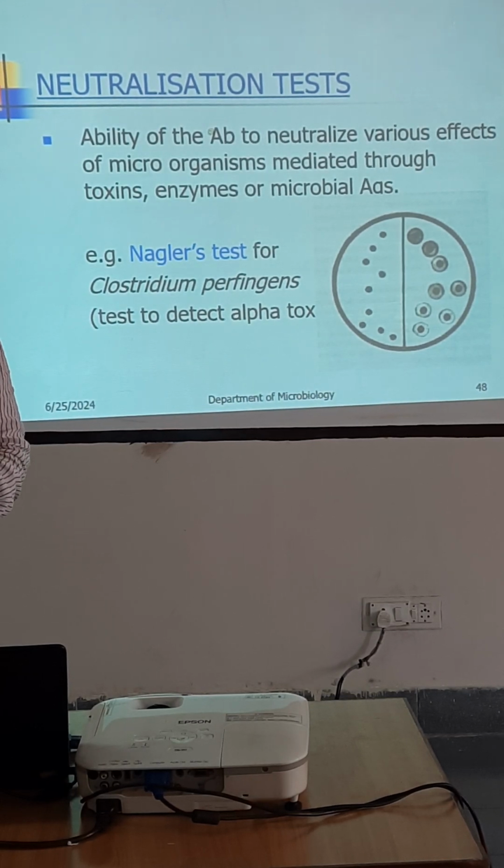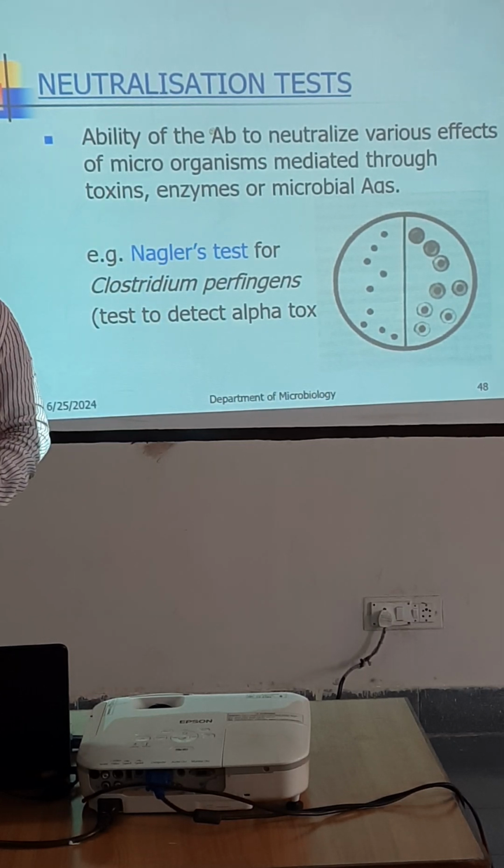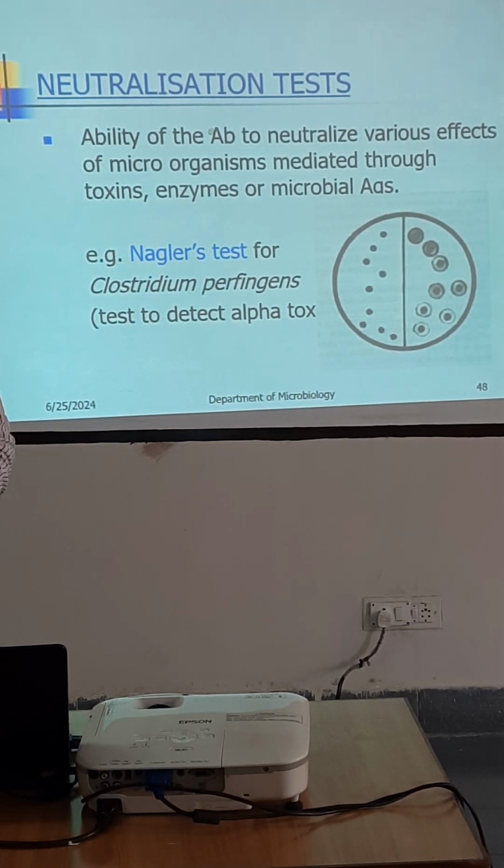On one half, we are going to streak the Clostridium perfringens strain. On the other half also we are going to streak the Clostridium perfringens strain, and then we are going to overlay the antibody against the toxin, that is the alpha toxin.